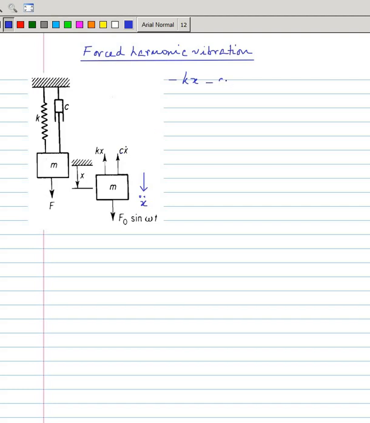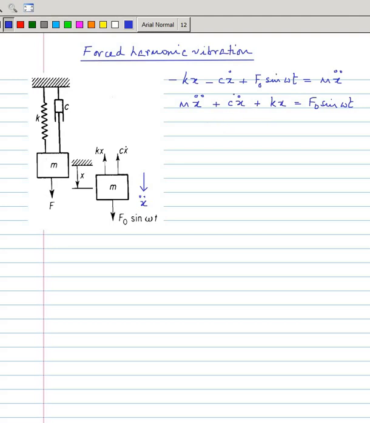So minus kx minus c x dot plus f naught sine omega t is equal to m x double dot, or m x double dot plus c x dot plus kx is equal to f naught sine omega t.